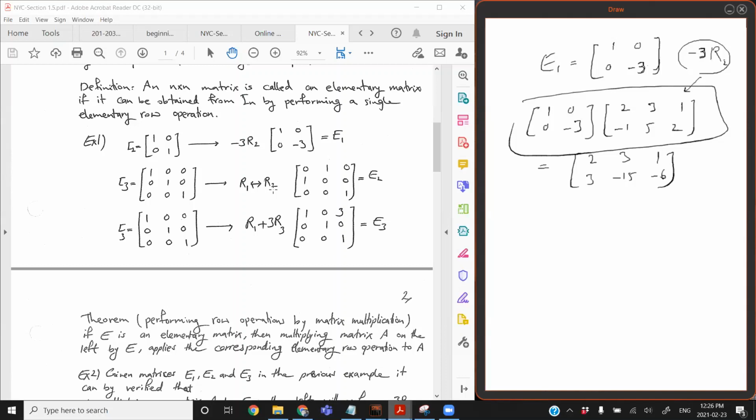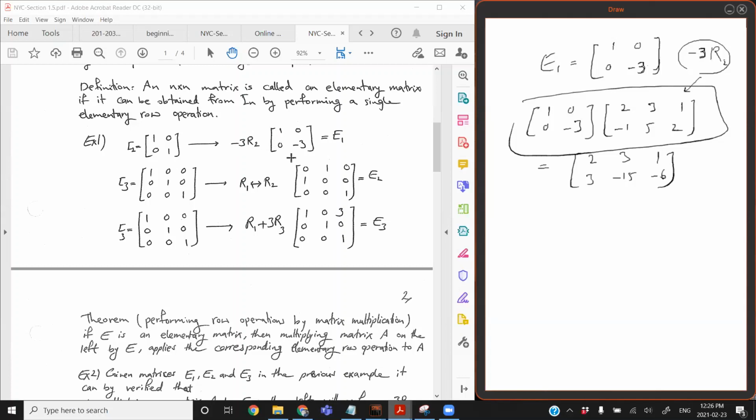What is really important for me is for you to understand the theorem. This elementary matrix corresponds to a certain row operation, because this row operation was the one that was performed on the identity to obtain this matrix.